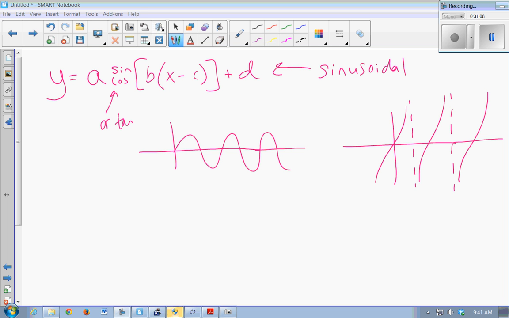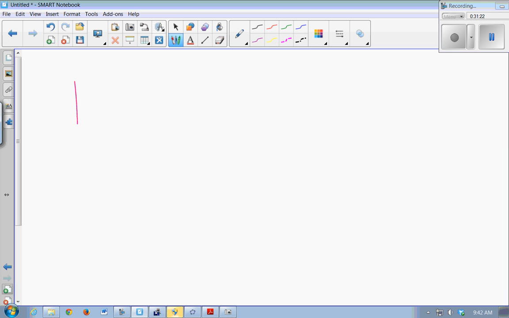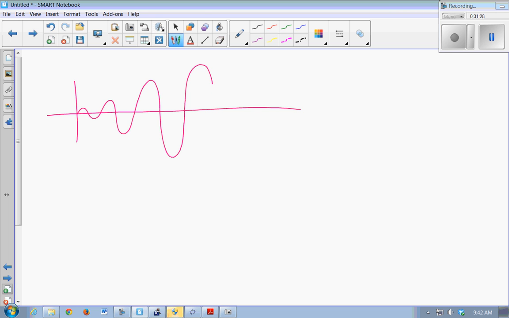All right, but it's possible to have functions that involve trig functions, but are not sinusoidal, right? So you could have something that looks like this, right? It's a wave.